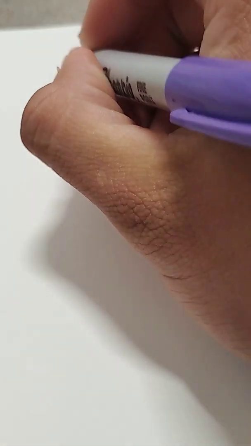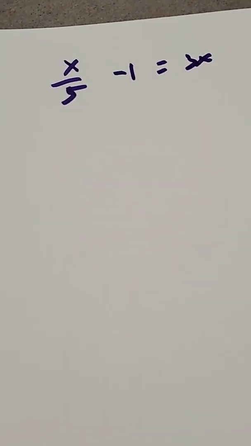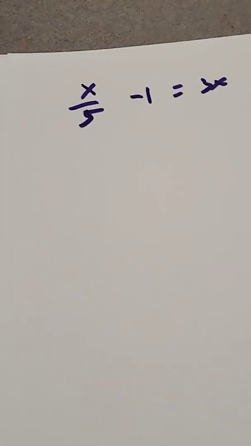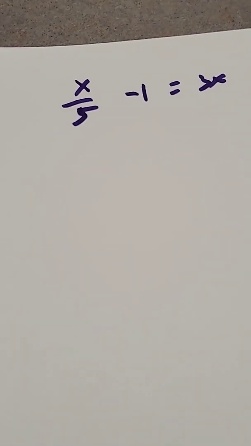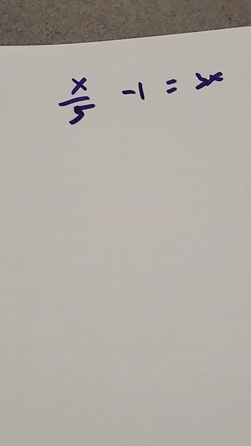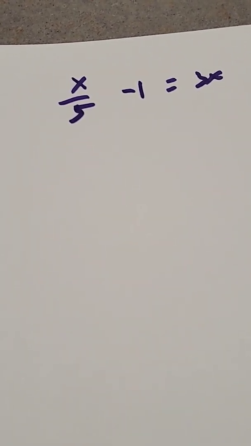Okay, so last example for the video. We have x over 5 minus 1 is equal to 3x. So we did some examples where we were pretty much just adding to both sides, and then dividing out.